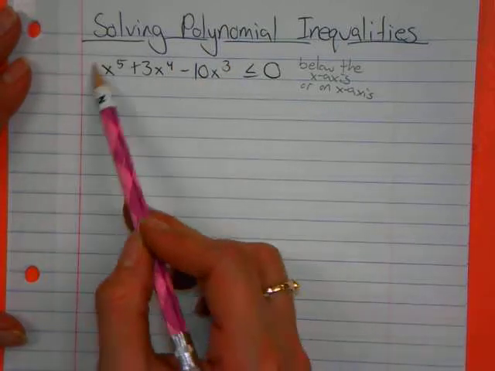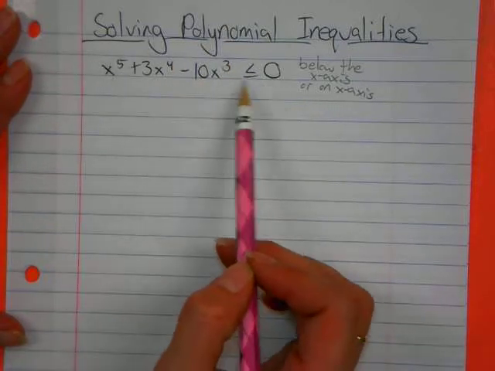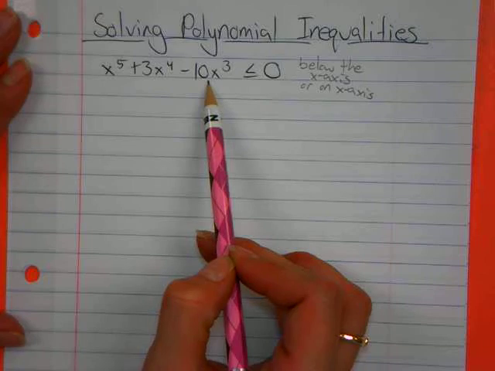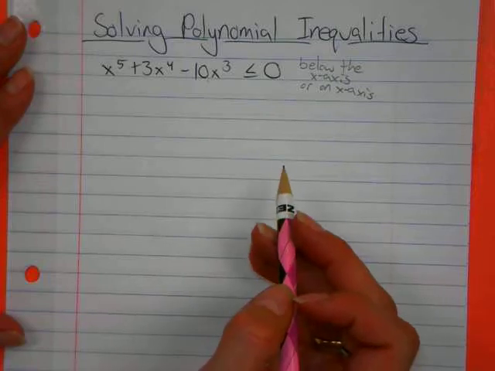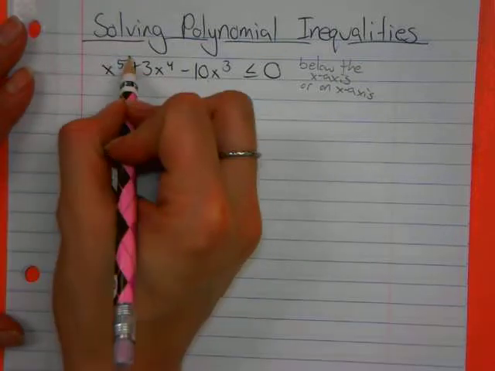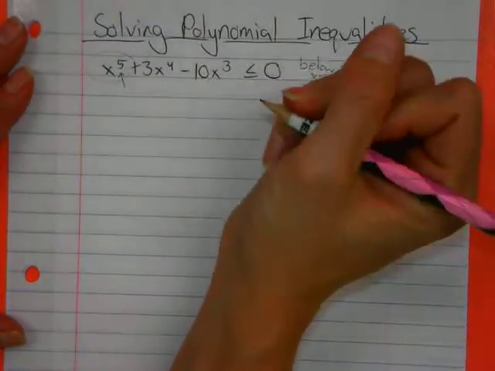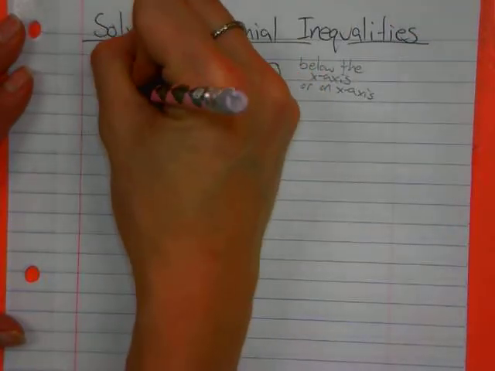Okay, so let's see where this is happening. Essentially every time I have a polynomial inequality, I'm going to start by graphing this function like we've done before, based off of the characteristics of polynomials. So let's start with our end behavior. If I look at my first term, I'm already looking at my highest degree and noticing that it is odd.